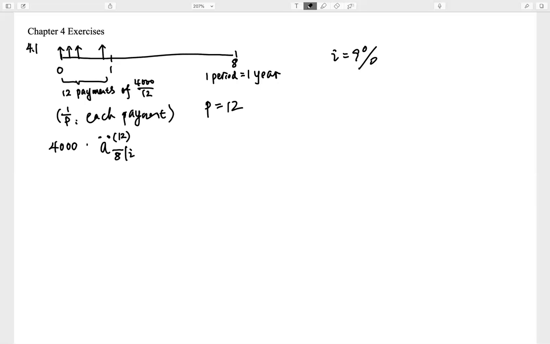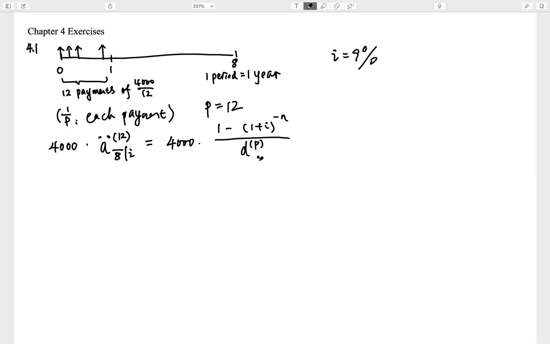So from here you can go with 4,000 times 1 minus (1 plus i) to the negative n, divided by, because this is an annuity due and it's piecewise, d upper p.